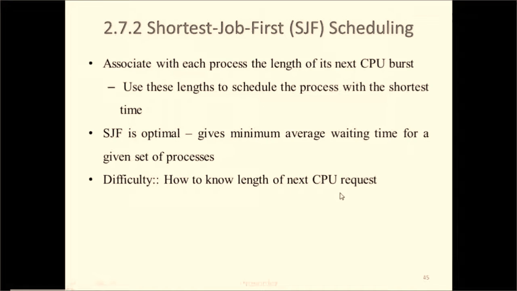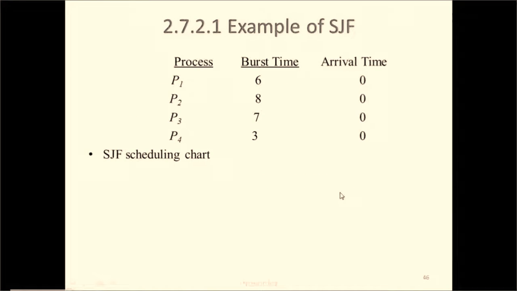Our difficulty: how to know the length of the next CPU burst? How do we know that so and so process needs the CPU for so much time? That's the problem. But let's understand the algorithm first and then we'll get into the problem and try to resolve the difficulty.